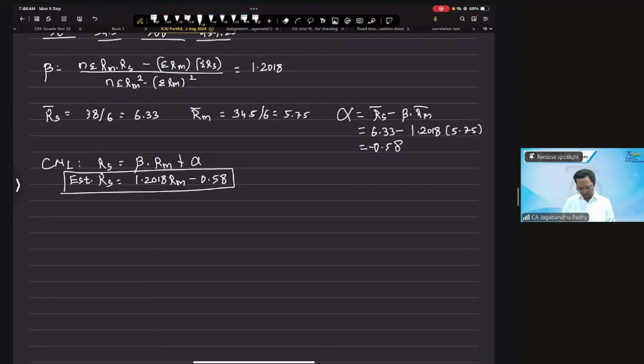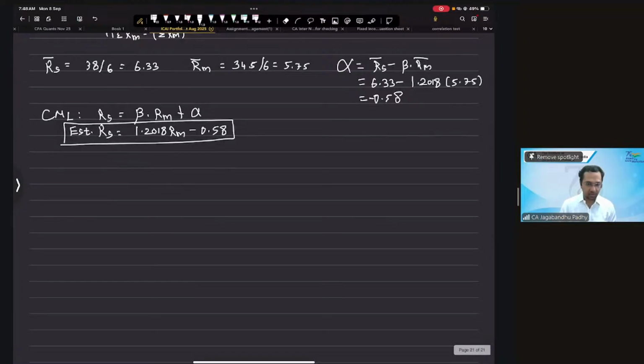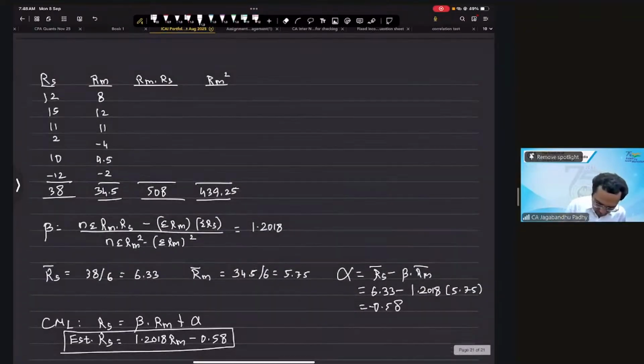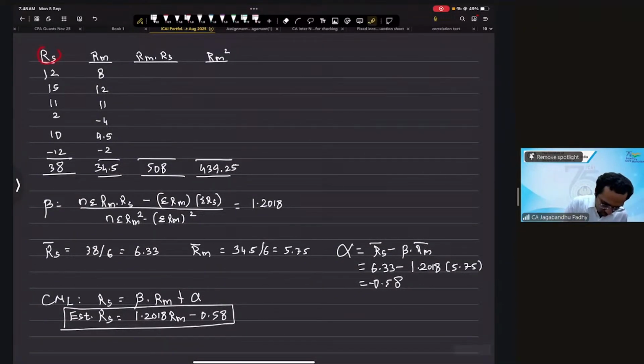Now, what is so special about this estimated return of security? Let me tell you what this is all about with the help of a graph. We have the return of security and return of market.